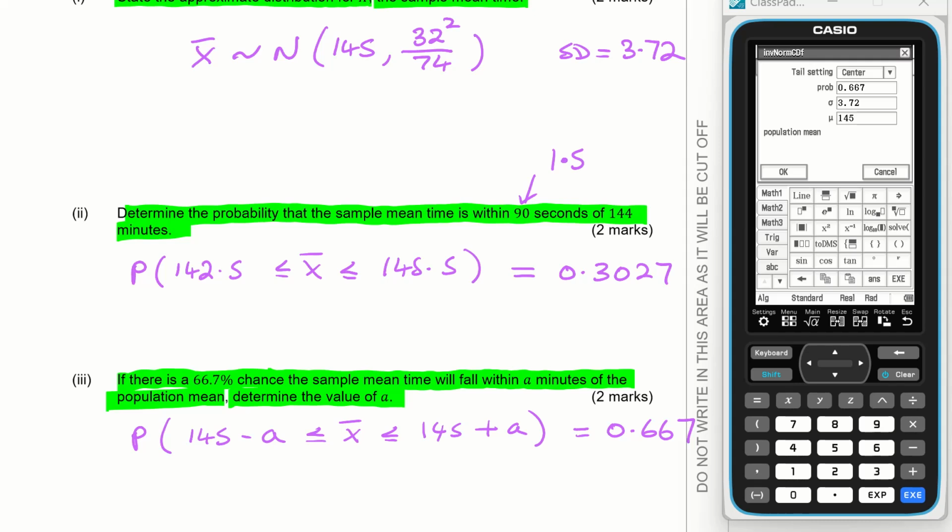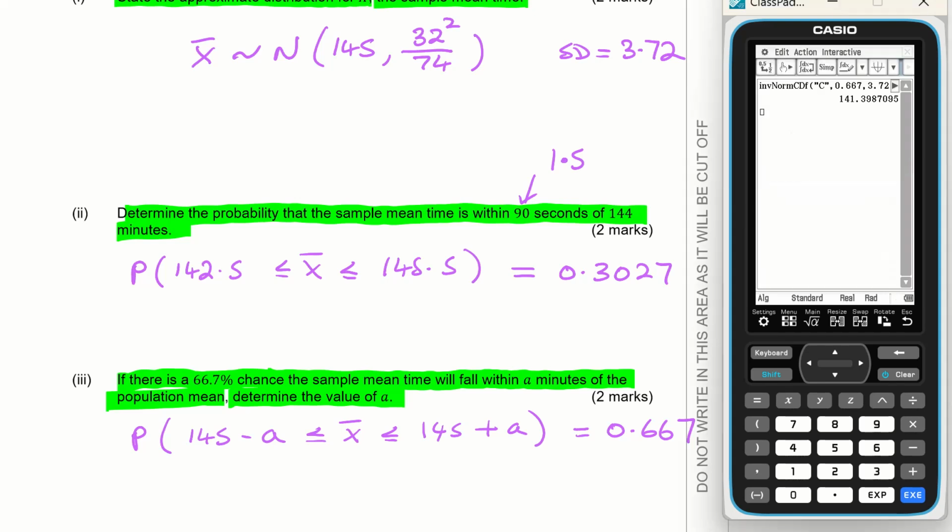So we can do this with an inverse normal CDF as shown over here. We want a center setting, probability 0.667, and put in our standard deviation and mean. And we get 141.4 essentially. And the A, therefore, is going to be the difference.